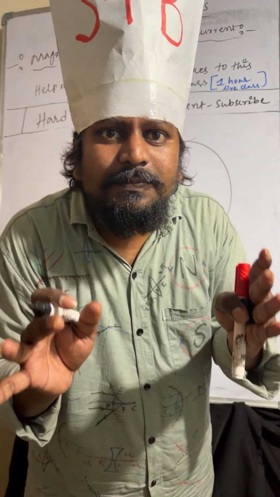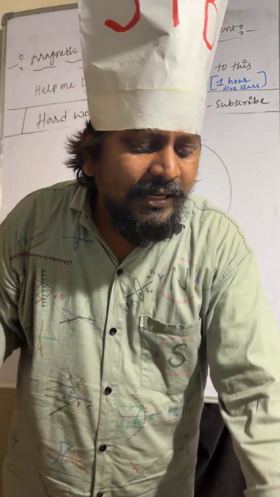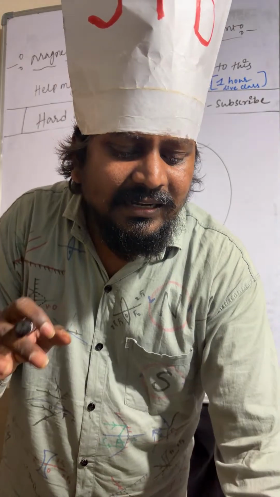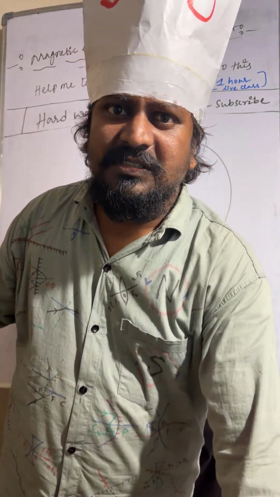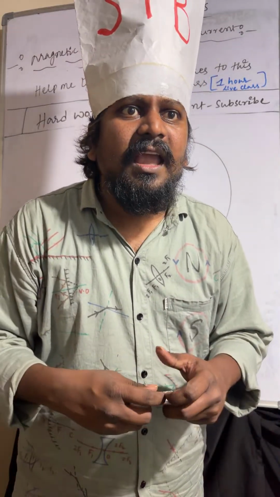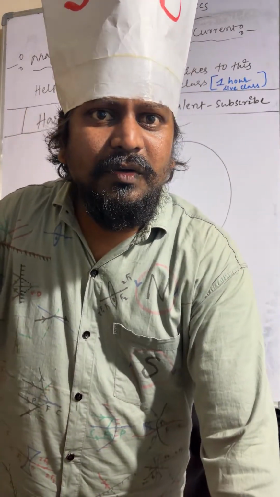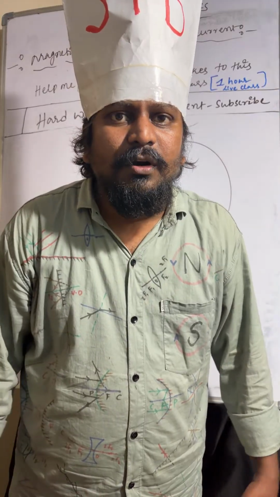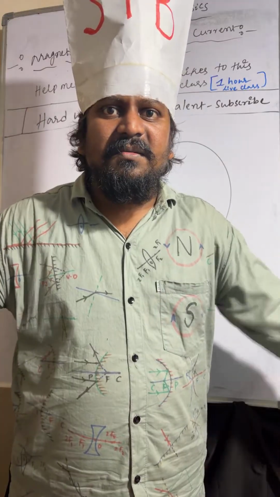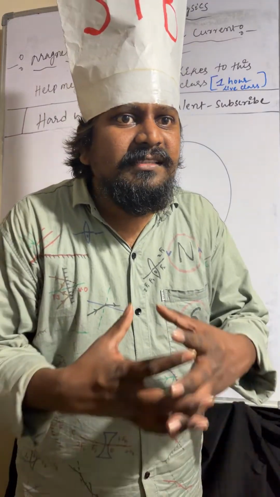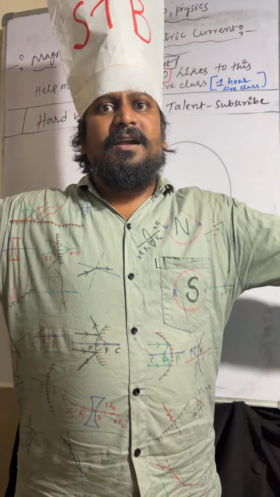If the current is passing, we know that a current carrying conductor produces the magnetic field, behaves as a magnet, and exhibits magnetic properties.